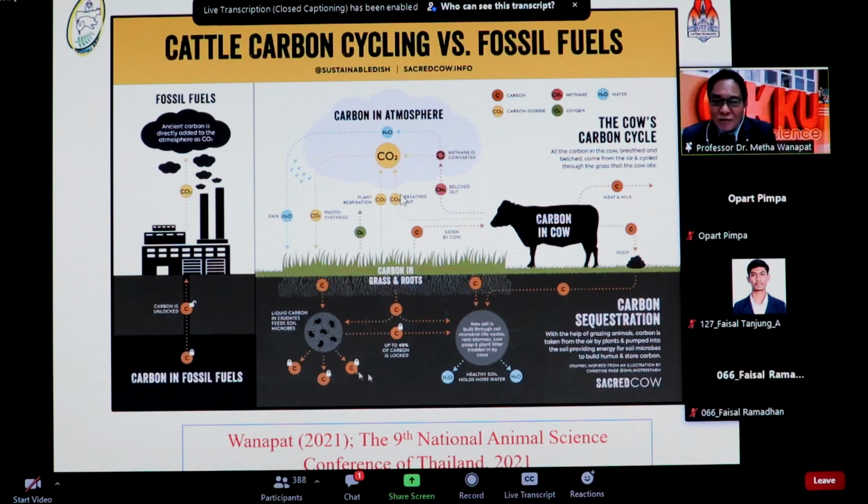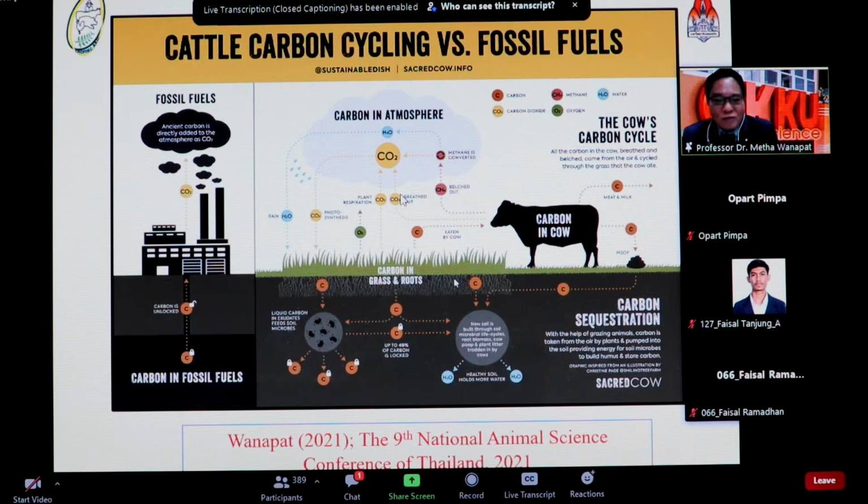And that will be regenerated into the system. It's just like carbon or hydrogen from the fossil fuels, which has a long life cycle. Okay, whereas the methane, the carbon and the hydrogen from cows, sheep, and goats would be much shorter, because they will be coming back into the system, especially into the feed resources of roughages, that the carbon will be brought back into the biomass of grass by photosynthesis.